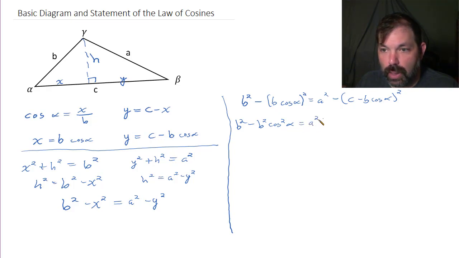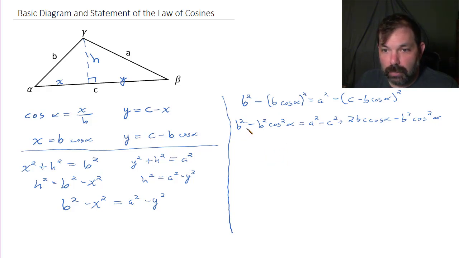equals a squared. Now I'm going to expand the binomial square and subtract. So I'd have c squared, minus 2bc cosine alpha, but times a negative, plus 2bc cosine alpha, and then a plus b squared cosine squared alpha, times a negative, so minus b squared cosine squared alpha.